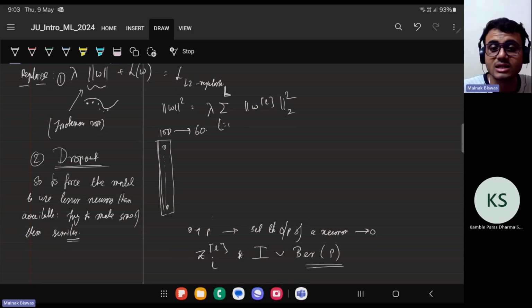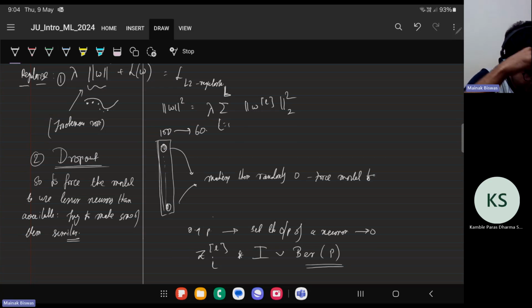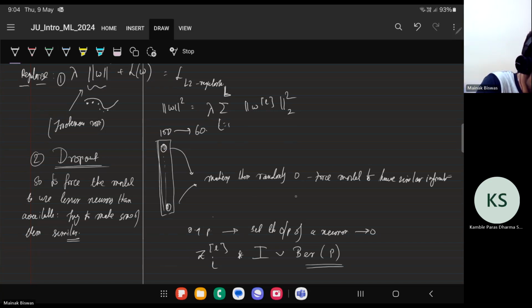So making it randomly 0 forces the model to have similar information across neurons.